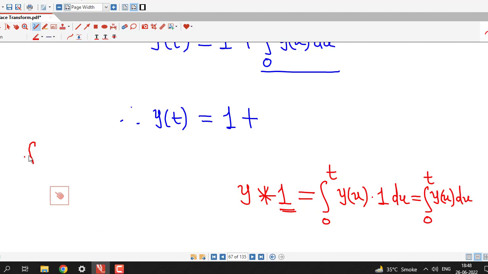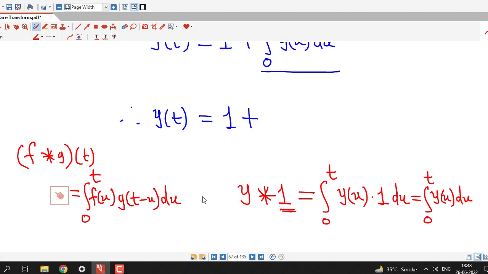If you remember the definition of convolution of two functions f and g, then it is equal to integral from 0 to t value of f at point u and value of g at point t minus u. In this definition we consider f of t equal to y of t and g of t equal to 1.